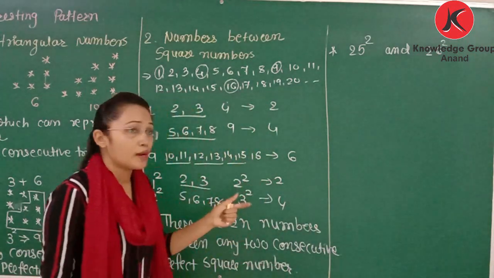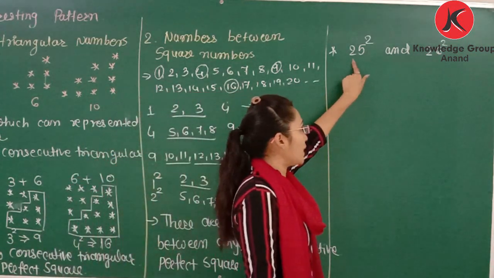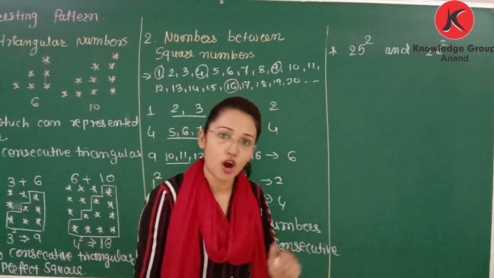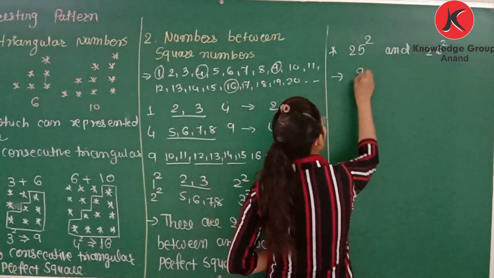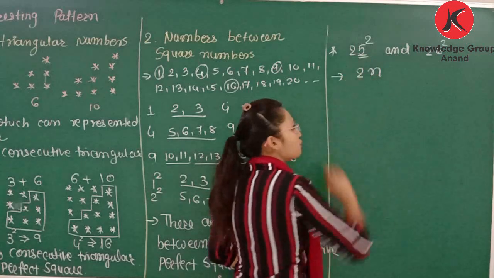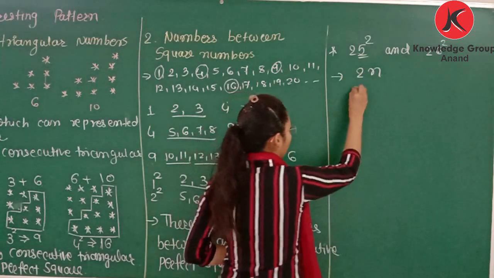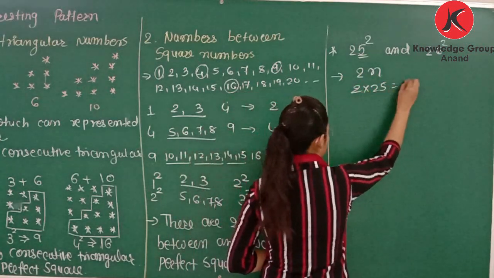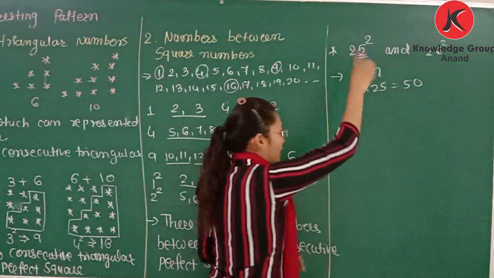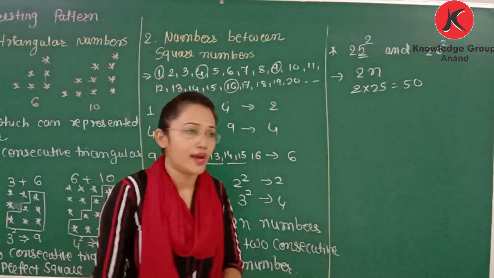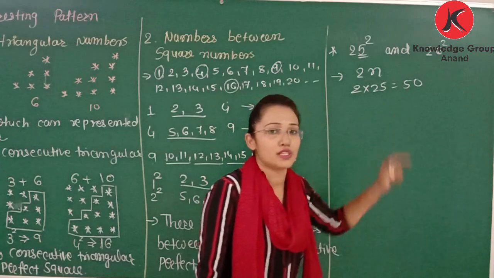So how many numbers are there between 25 square and 26 square? For that you need to write 2n. Here n is the first number. So 2 multiplied by 25 is 50, which means between 25 square and 26 square there are 50 non-perfect square numbers.